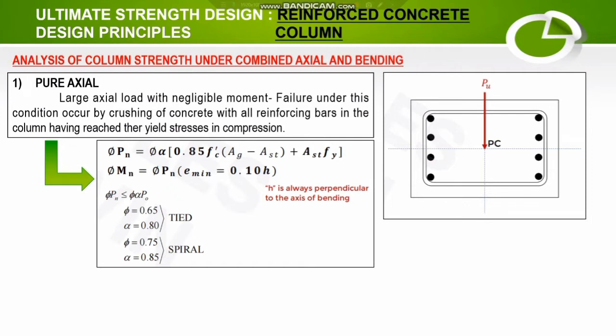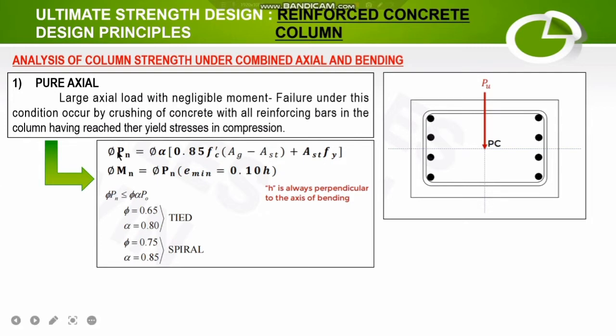The first possible failure is due to pure axial loads. When pure axial load is induced into the column, a large axial load with negligible moment, failure under this condition occurs by crushing of concrete with all reinforcing bars in the column having reached their yield stresses in compression.